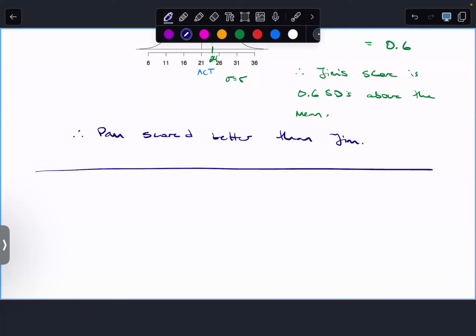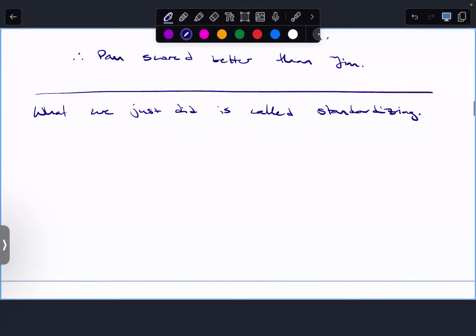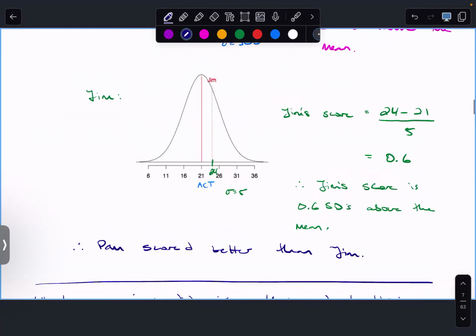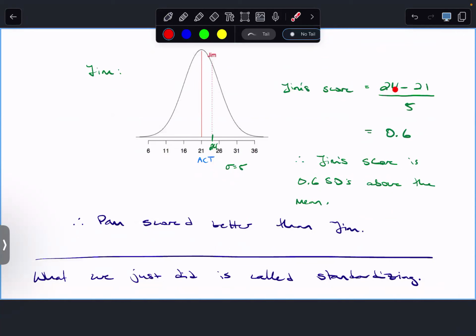And so here I'll do a line, right? So what we just did is called standardizing. We have to dissect what we did here. We did the same thing in both scenarios, but first we found the distance from the mean, right?